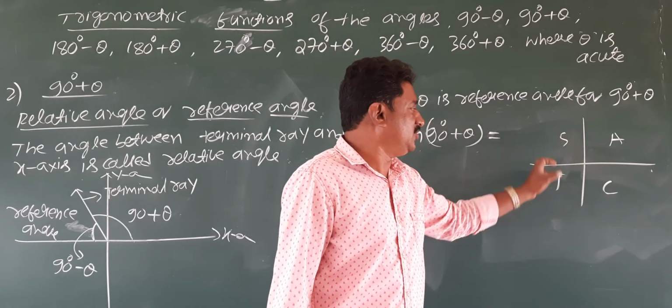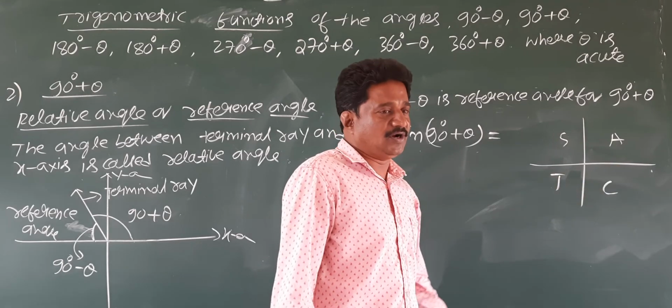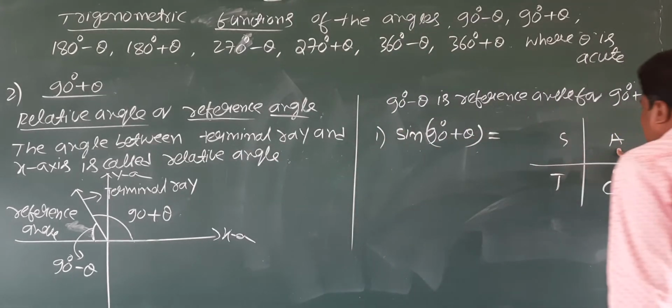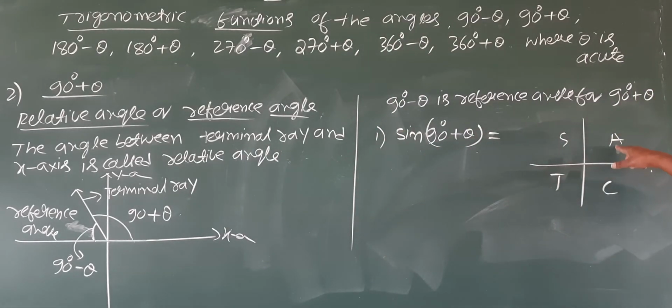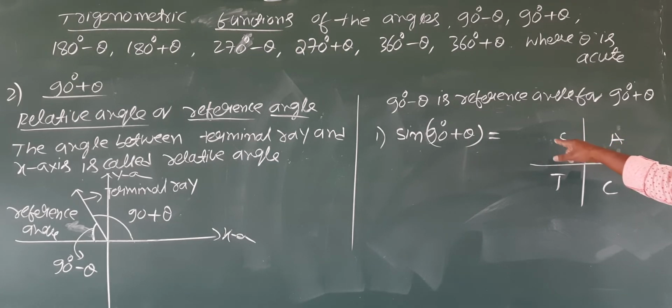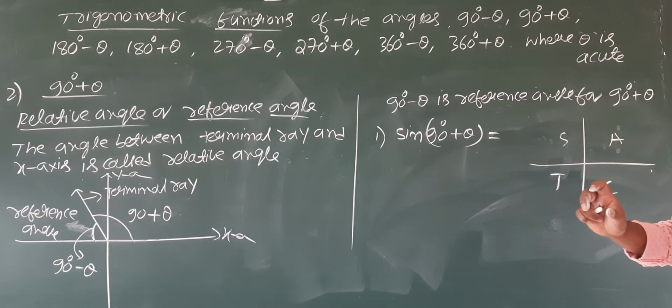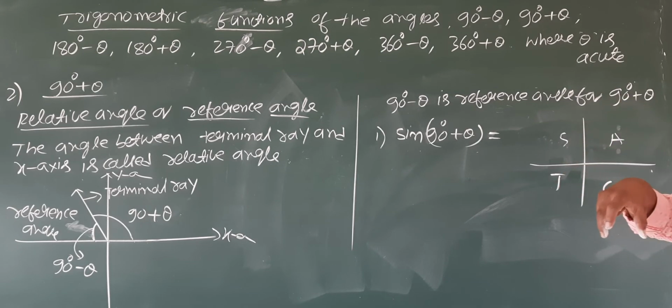ASTC: first quadrant, second quadrant, third quadrant, fourth quadrant. A means all trigonometric functions are positive in the first quadrant. S means sine and cosec are positive in the second; other functions take negative values.